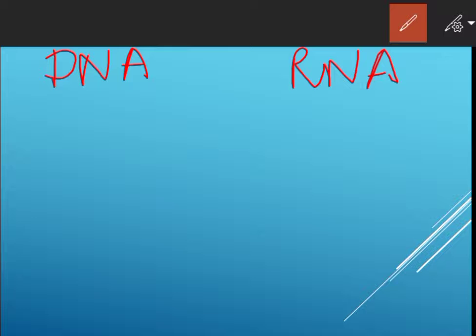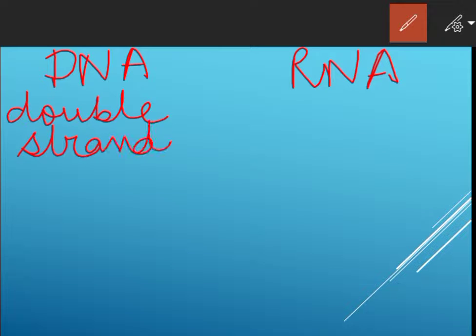Now we will study the differences between DNA and RNA. The first difference is DNA is double-stranded, with exception of some viruses, whereas RNA is generally single-stranded.